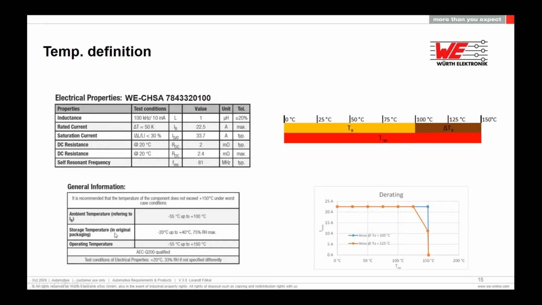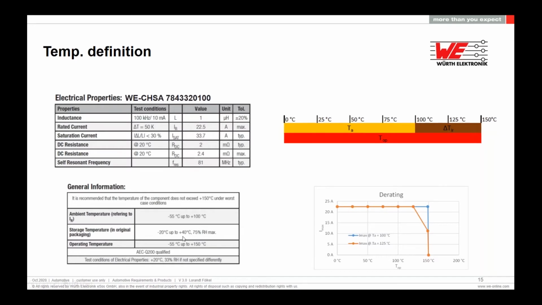We deliver this component in tape and reel, and if you want to be able to solder this component on a PCB, you need to take care that this plastic tape is not so good if you put it to minus 40 degrees, because it can break. And if you put it at more like 40 degrees, it could maybe damage the glue on the tape, or it could damage something on the reel. So that's the reason why we deliver tape and reel.